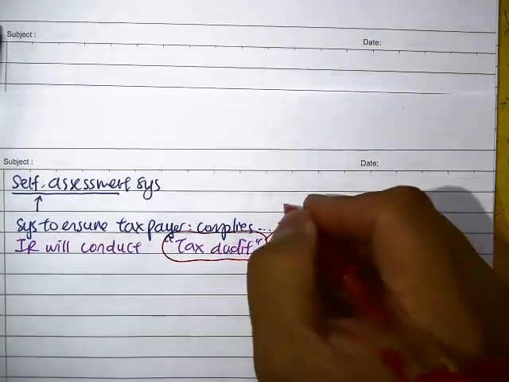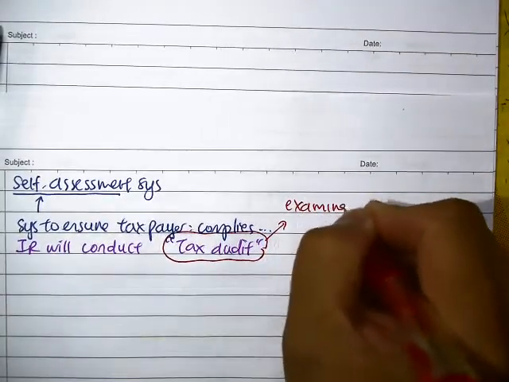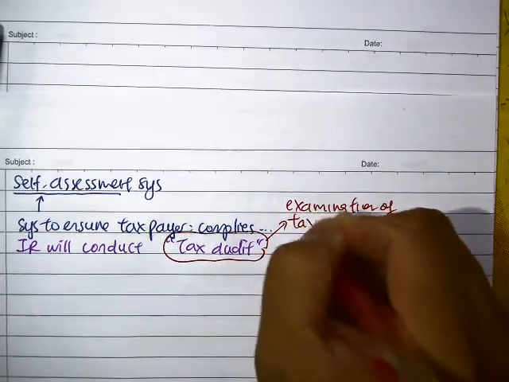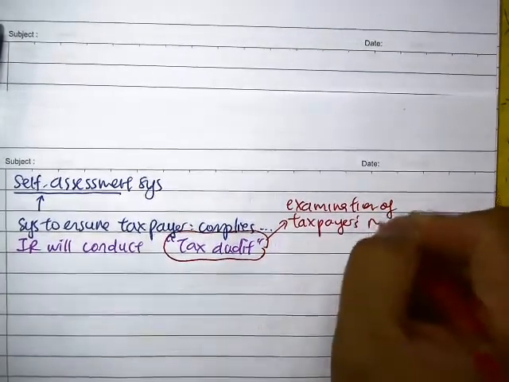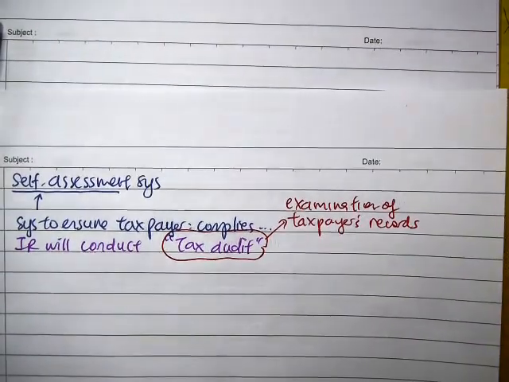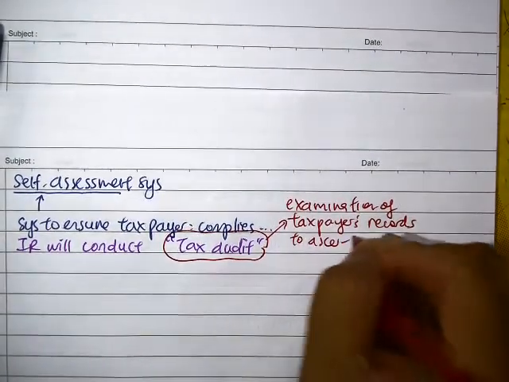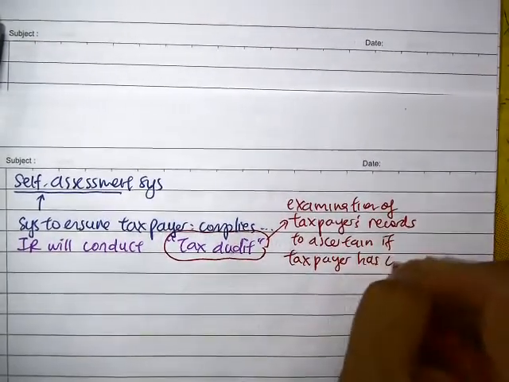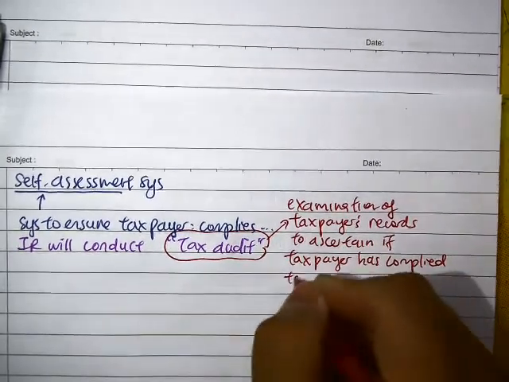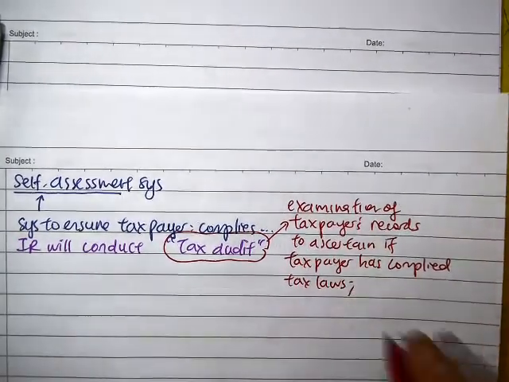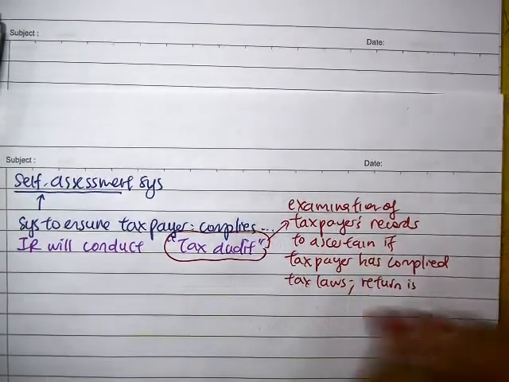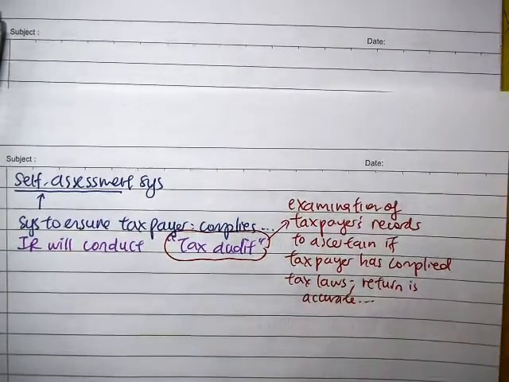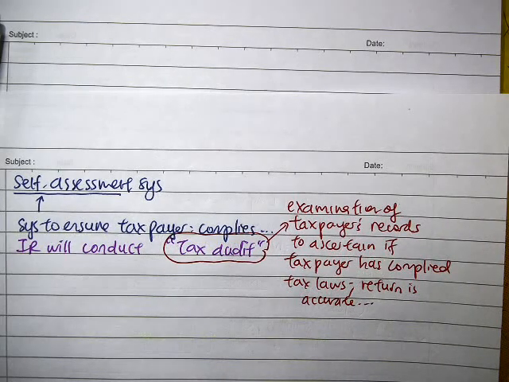Basically, a tax audit is an examination of the taxpayer's record to ascertain if the taxpayer has complied with the tax law and the return is accurate. Okay, that's called tax audit. We just want to make sure that everything is correct, that you don't do it wrongly.